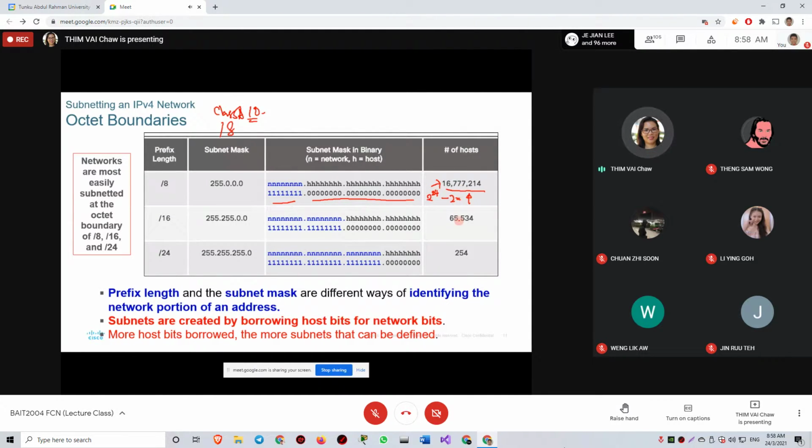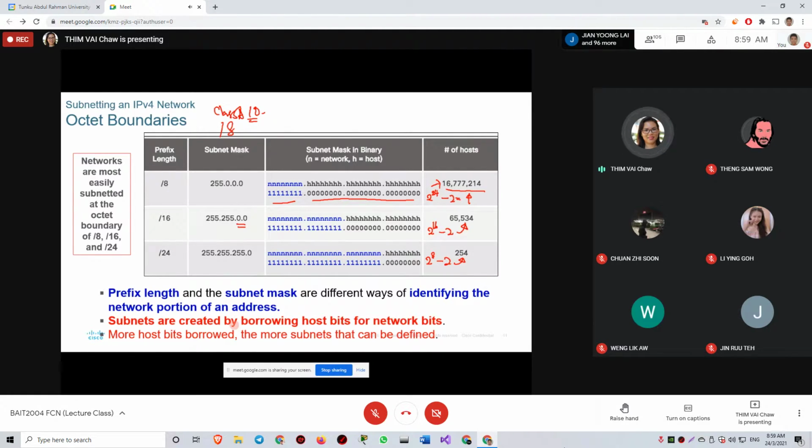All of these already have 2 subtracted. This one is /16, so you have the last 2 bytes for the host portion, 2 power 16 minus 2, and you will get this number of usable host addresses. And this one is 2 power 8 minus 2, so you have this number of usable host addresses.